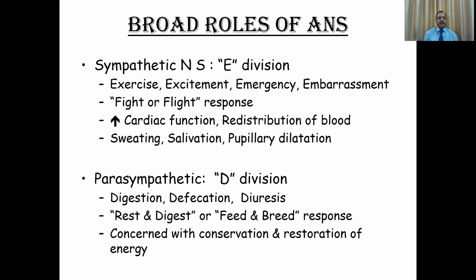On the other hand, parasympathetic nervous system is concerned with conservation and restoration of the energy. It is associated with rejuvenation of body, and it prepares the body for rest and digest or feed and breed response, also popularly called the D division.